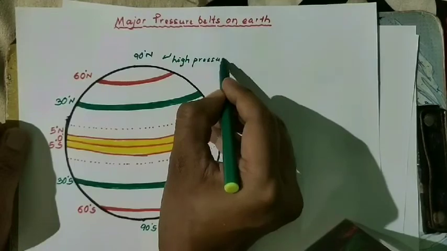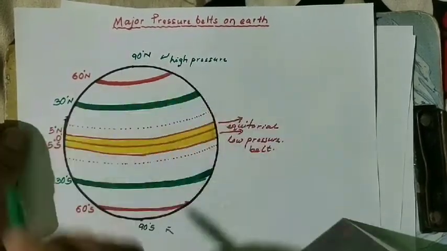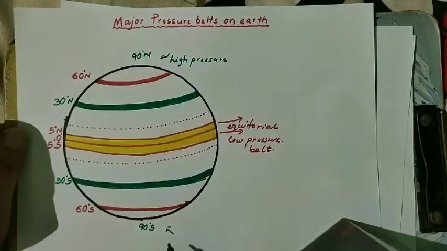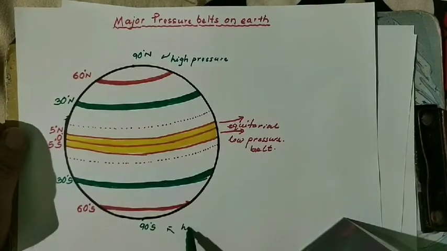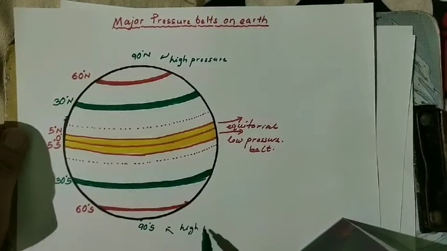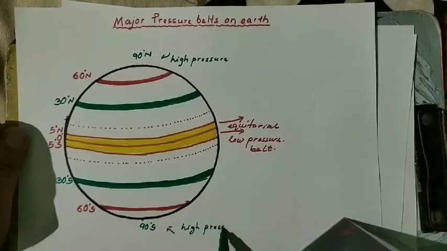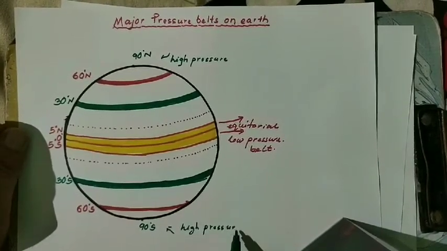Which type of pressure is formed here? High pressure is formed here, at 90 north latitude, that is the north polar region, and also at 90 south latitude, the south polar region. High pressure. Clear?